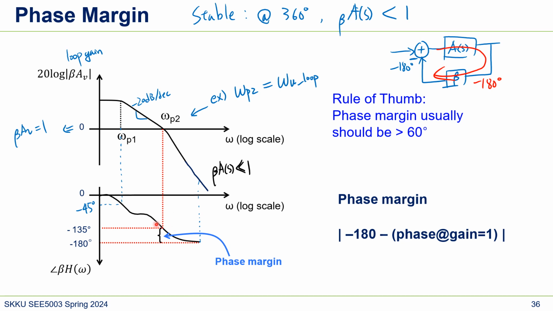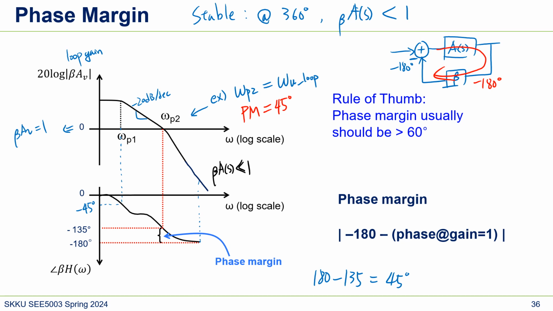And in this case, we say the phase margin is 180 minus 135, which is 45. So for this particular example, when the pole 2 is equal to the unit gain frequency, the phase margin, PM, is 45 degrees.